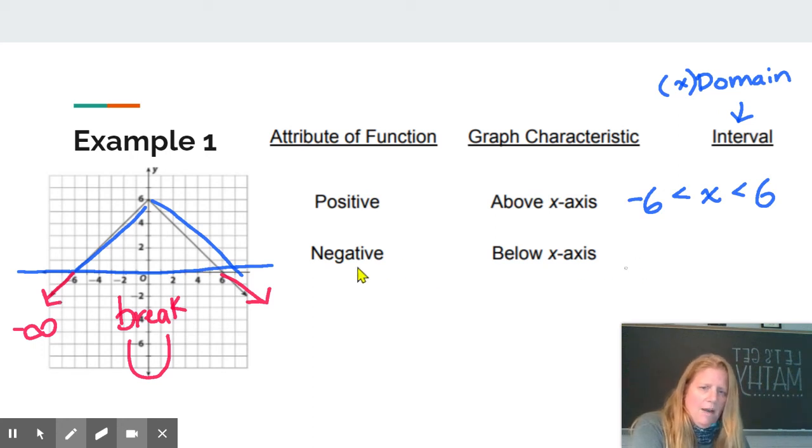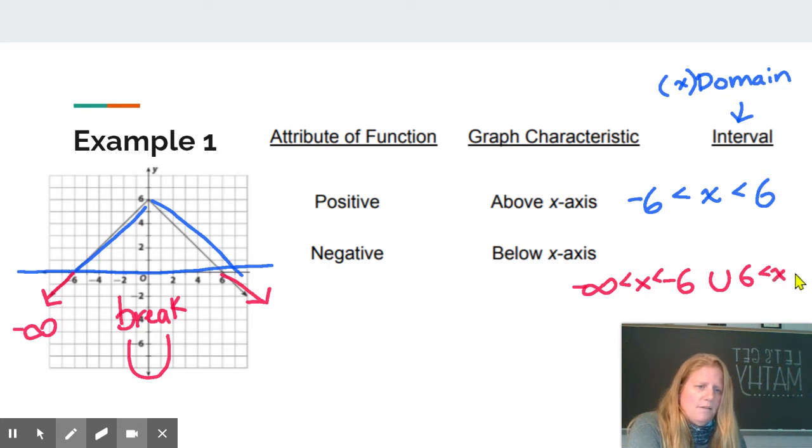So my function is negative, and I'm going to need to write over here -infinity to -6, union, oops, I apologize, I forgot my little inequality, union 6 to +infinity.